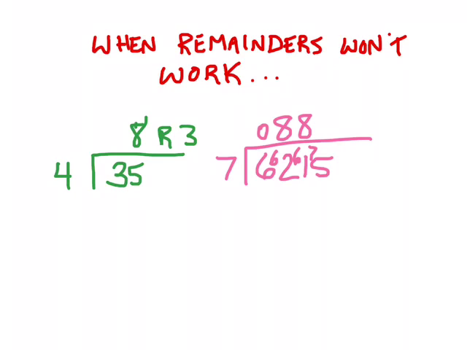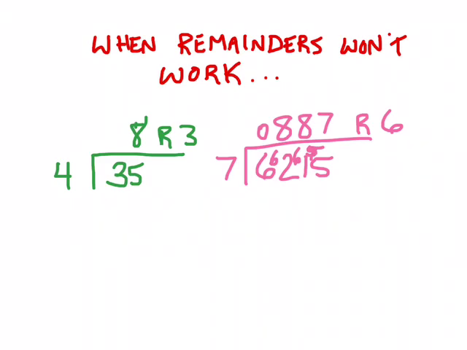Must have made a mistake here. Yeah, this should be 5 left over. 7 goes into 55 7 times. Well, now I've got leftovers again. I've got 6 left over.